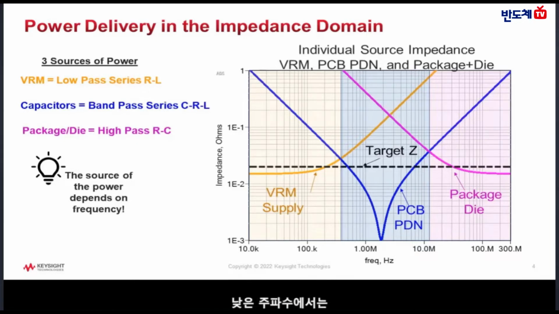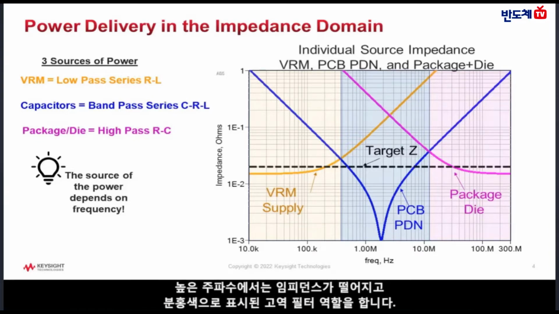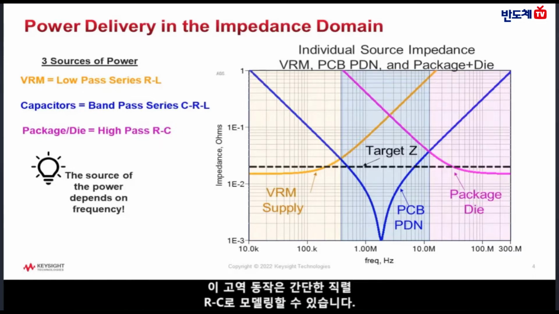At low frequencies, the package and die capacitances do not have enough charge storage to deliver power, but at high frequencies, the impedance drops and acts like a high-pass filter shown in pink. This high-pass behavior can be modeled as a simple series RC.